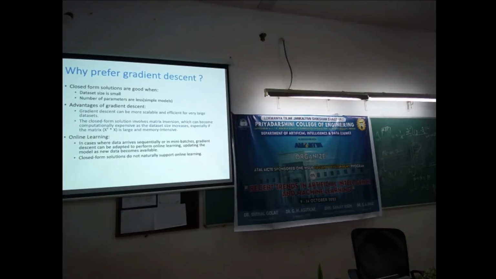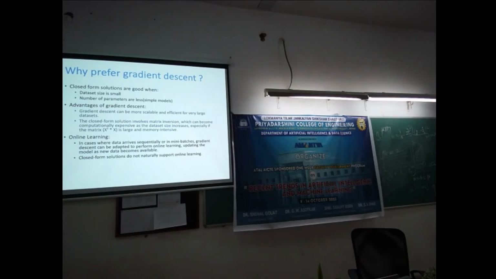But when you go for large complex problems, when the data size is large and the number of parameters is also large, the closed form solution becomes very time complex because you have to take the inverse of a very large matrix, which has very high computational complexity, whereas gradient descent has very low computational complexity as compared to this. So gradient descent can be more scalable and efficient for very large data sets.